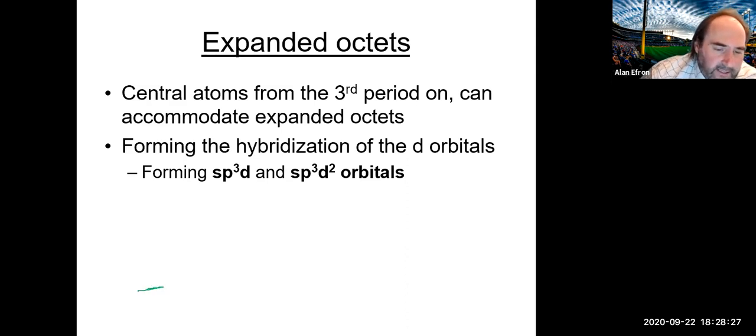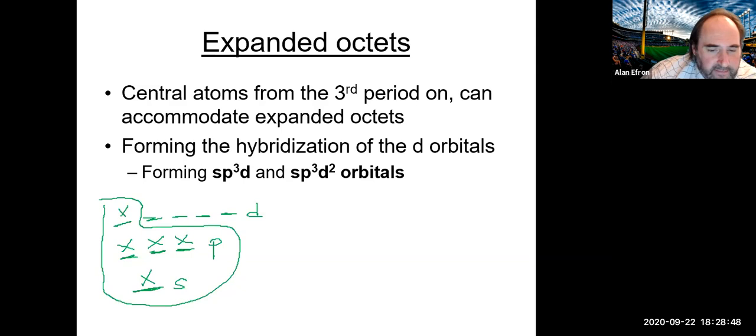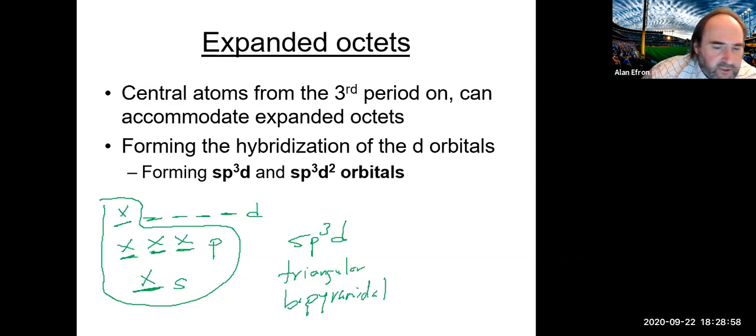Again, you could look at it the same way if you just count everything going on here. 1 electron pair, 2 electron pairs, 3 electron pairs, 4 electron pairs, 5 electron pairs, that is going to be my sp3d. That is our trigonal bipyramidal that we talked about with geometry, our 5 electron pairs. And if we went to 6 electron pairs, you could count the same way, starting at the bottom there.